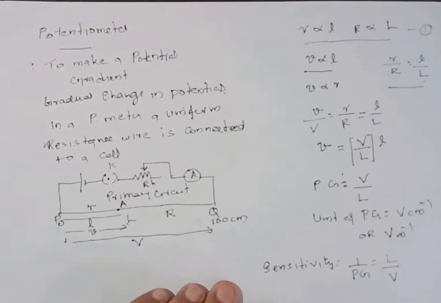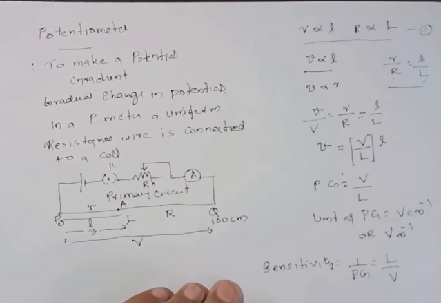The more the sensitivity of the potentiometer, the smaller will be the potential difference between 2 points. The more sensitive means you will have a smaller potential difference between any 2 points. But that means you will be able to get even small fractions of potential from the potentiometer.